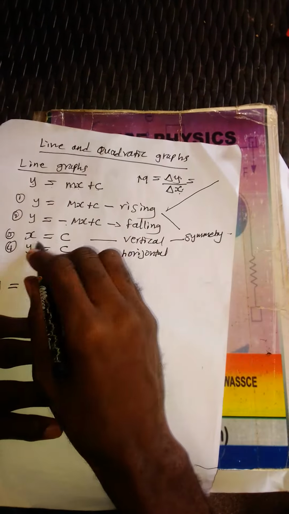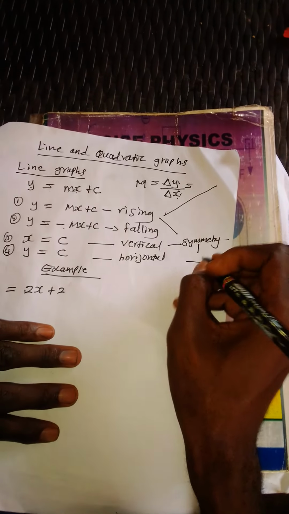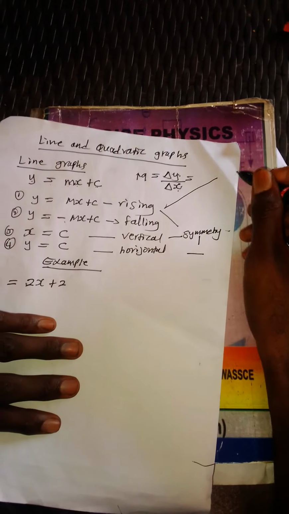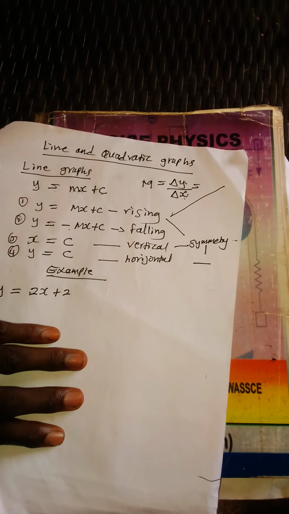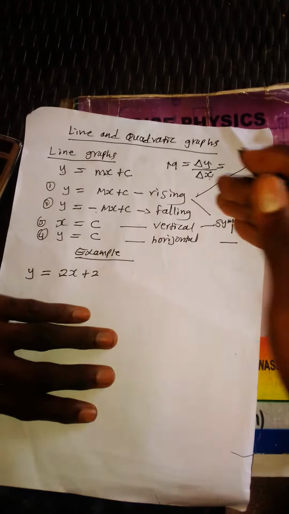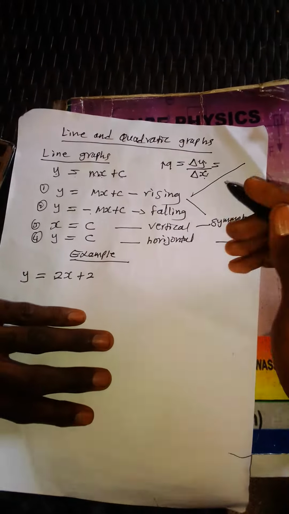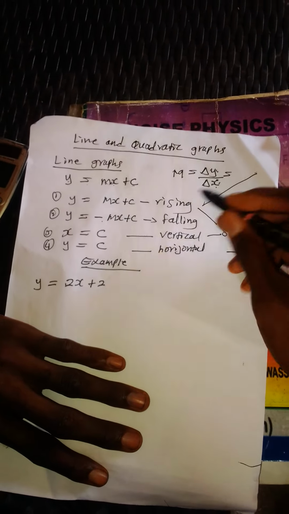A vertical line goes this way, and a horizontal line goes this way. On the left hand side, it's a falling line. So this way is rising, this is falling.